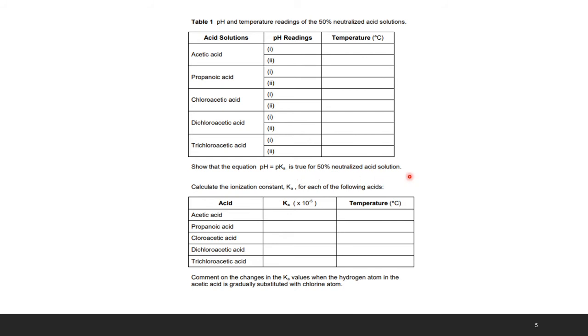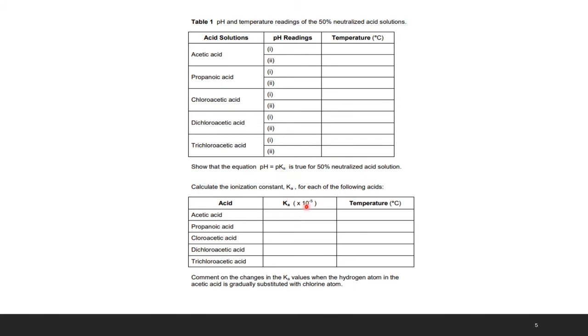Please prove this equation as part of your theoretical background section, where you have the objective and theoretical background. Once you get that, since pH equals pKa, you can easily convert the pKa to get the value of Ka.